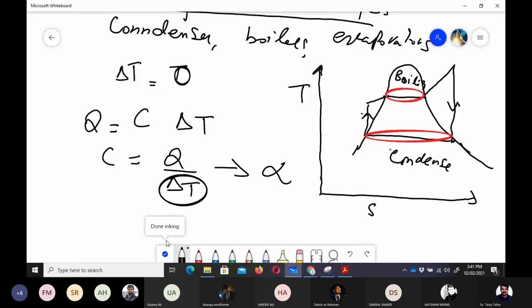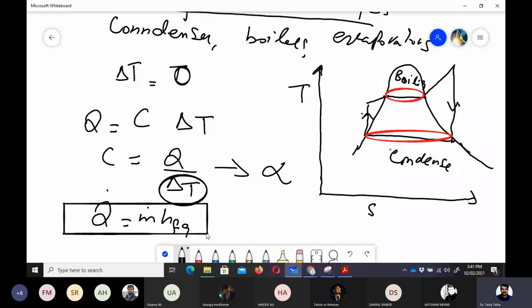So usually we use the formula Q dot is equal to m dot h_fg for this. h_fg is the latent heat of vaporization or latent heat of condensation. It is the enthalpy difference between this and this.